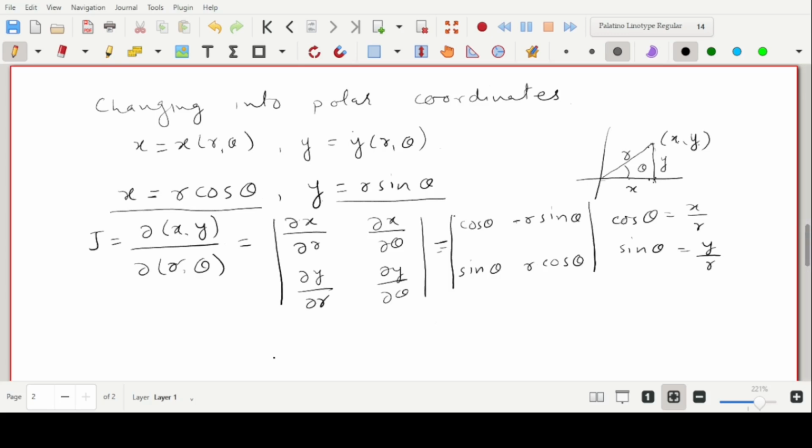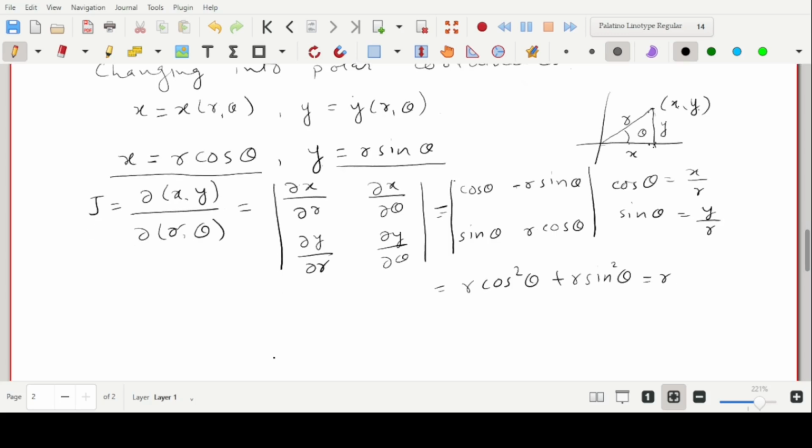So it is r cos square theta plus r sin square theta. If we factor out r, then inside the bracket we get cos square theta plus sin square theta, that is 1. So the Jacobian is r. Very simple.